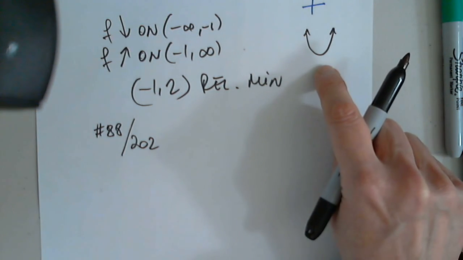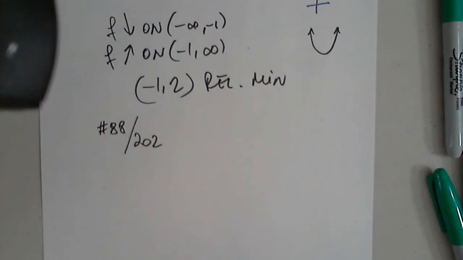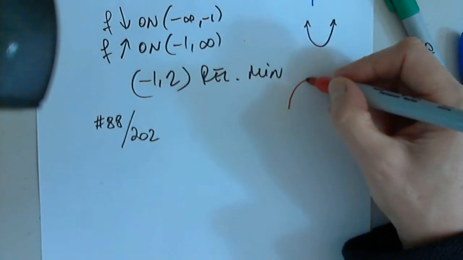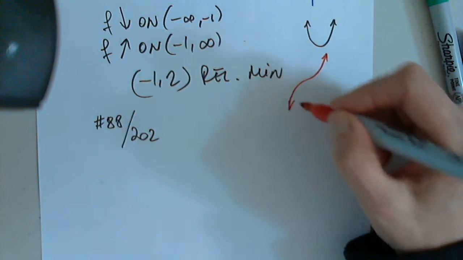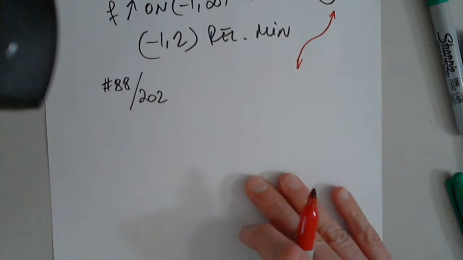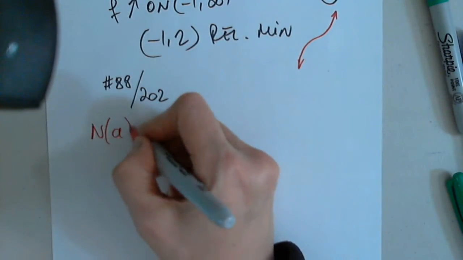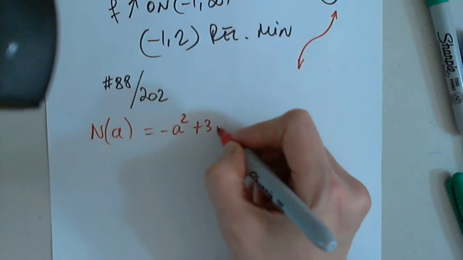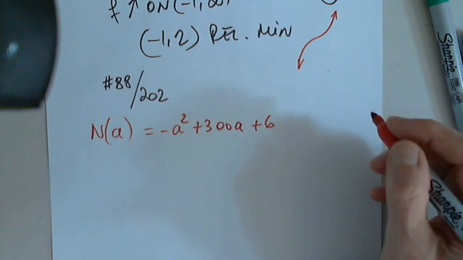Does this function have to have a relative min and a relative max? No. It doesn't have to have any. Look at this function. How many max min does this function have? None. Yep. So we have a function n of a, which is -a squared plus 300a plus 6.